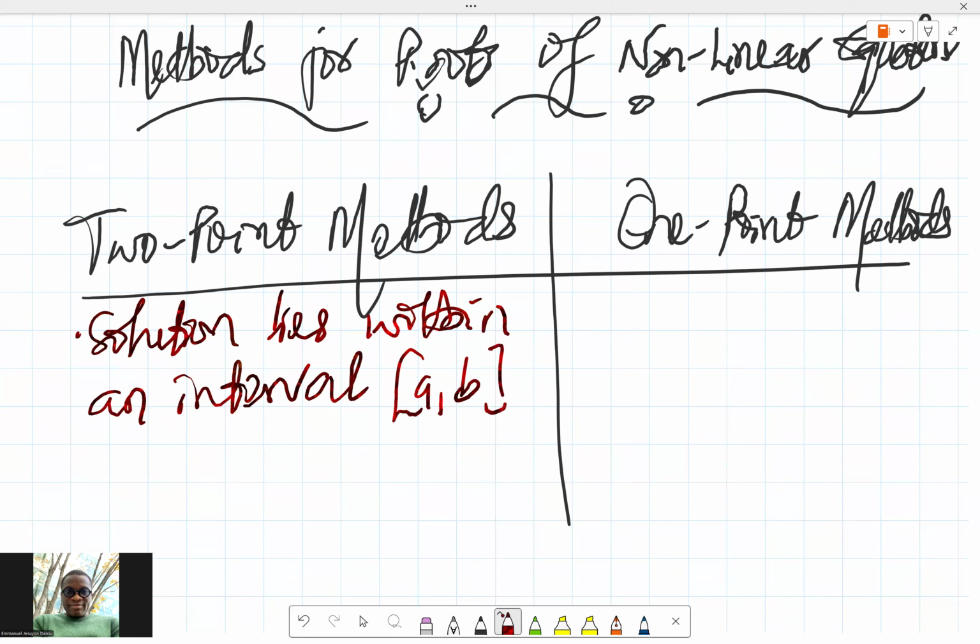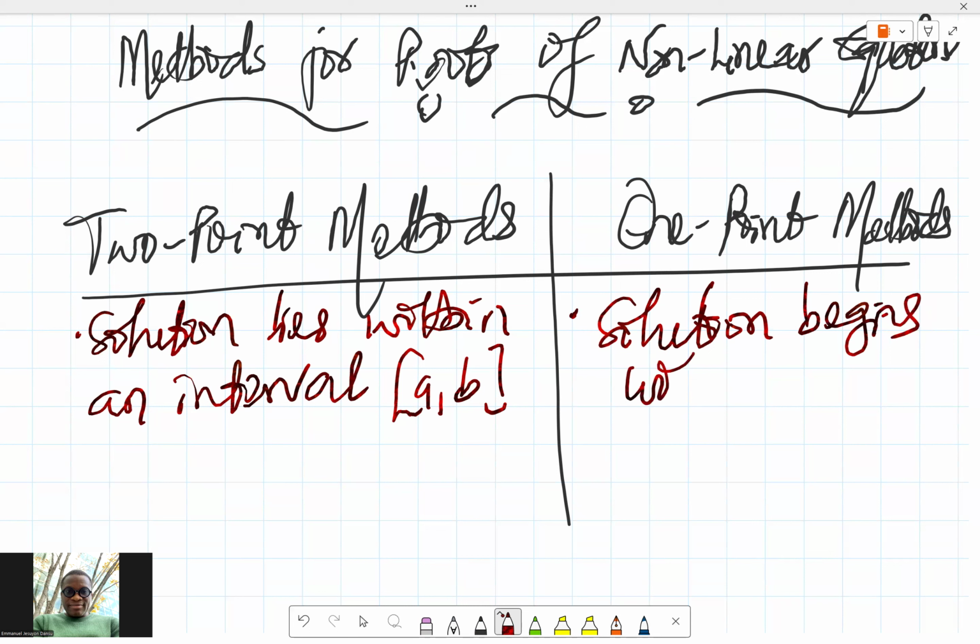You have a solution in between. That's why it's called the 2 point method. But for the 1 point method, the solution begins with an initial guess. So that's one level to this.